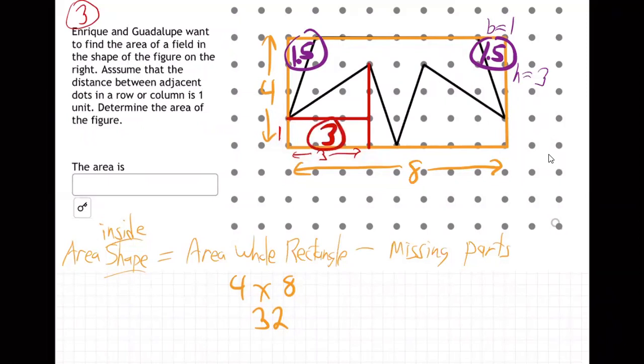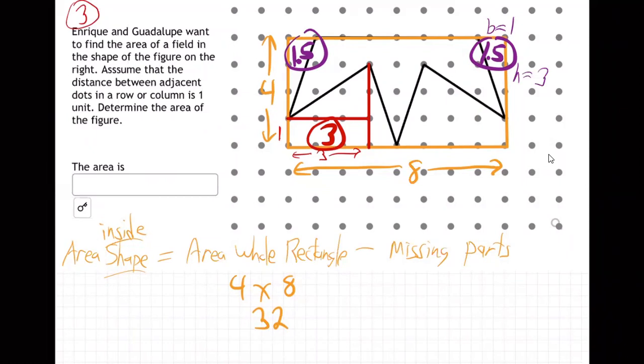I don't do a half there because that's a rectangle, not a triangle. That's exactly 3 squares, isn't it? You can see it. There they are. 1, 2, 3 squares. So for rectangle formulas, we just do one side times the other. We don't do the half. Triangles, we do the half.